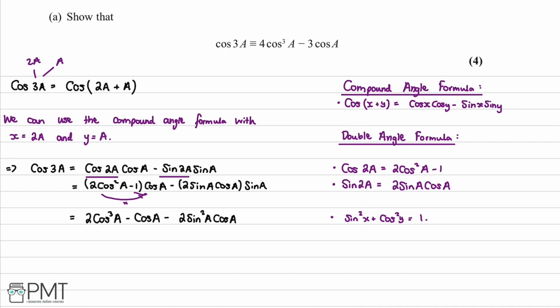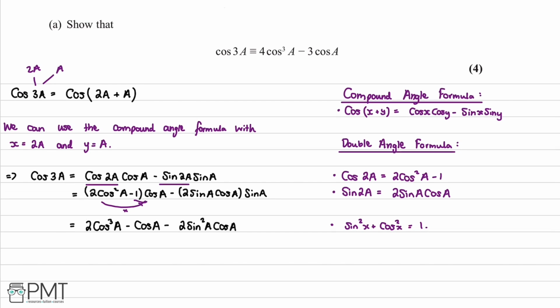For the next stage, we note that in the question, the right-hand side, which we're aiming for, everything is in terms of cos. But in our equation here, we still have this 2 sine squared a. So we know we also have the trig identity, sine squared x plus cos squared x is equal to 1. We can rearrange this for sine squared x, and substitute this in.